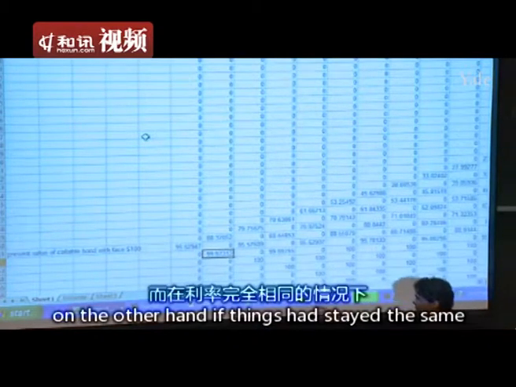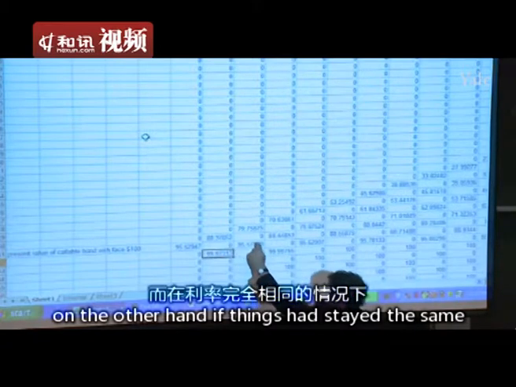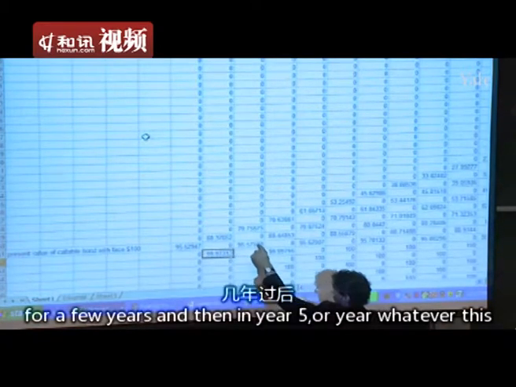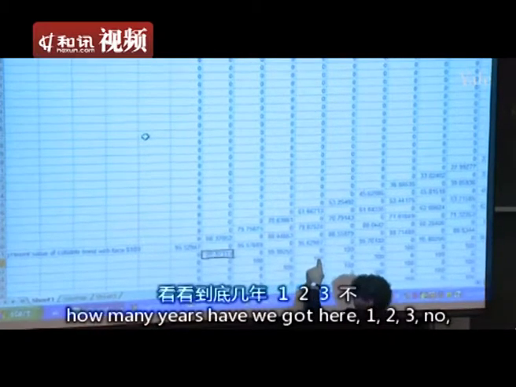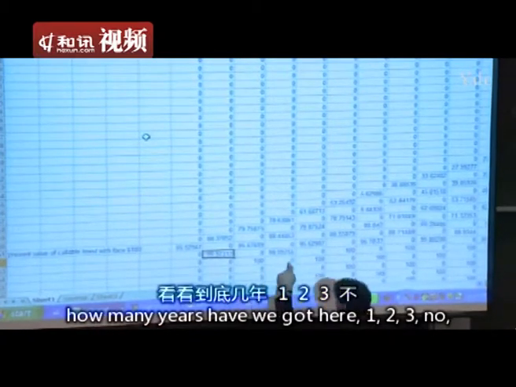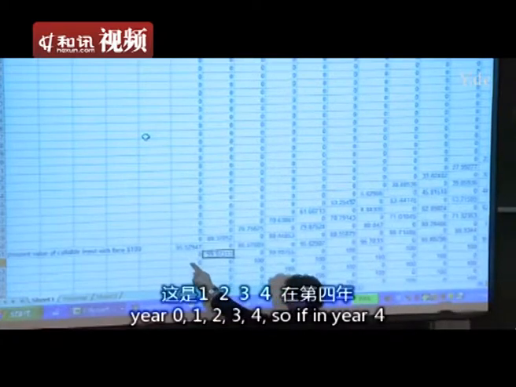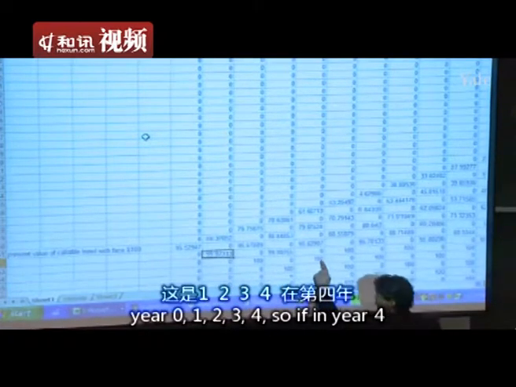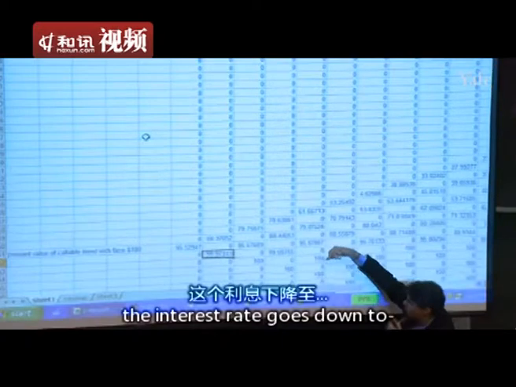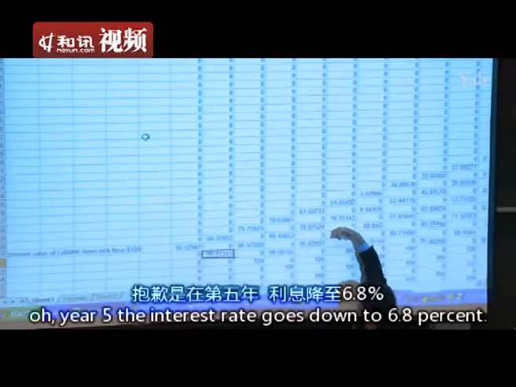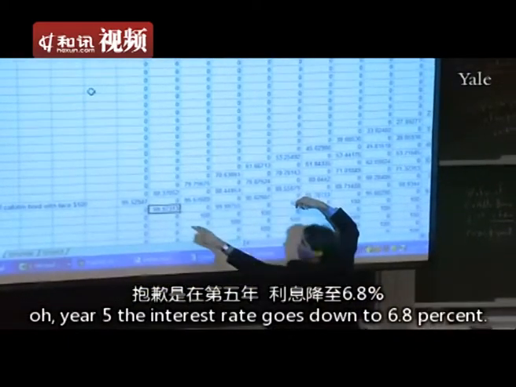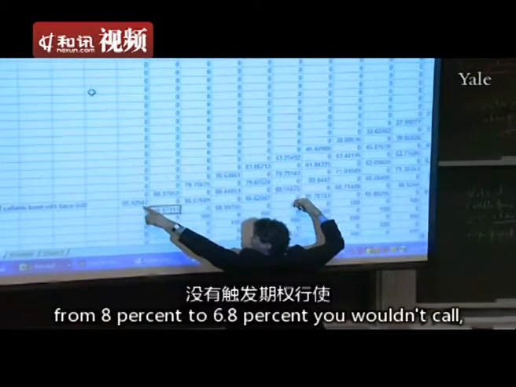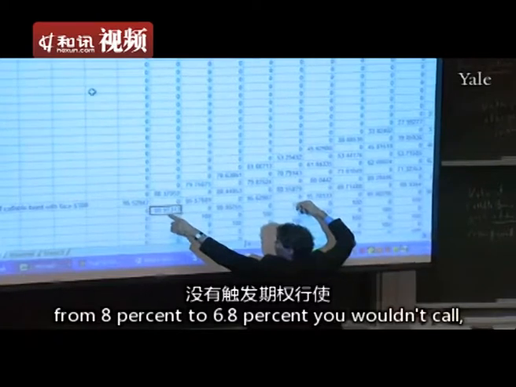On the other hand, if things stayed the same for a few years, and then in year 5, or year whatever this is, how many years have we got here? Year 0, 1, 2, 3, 4. So if in year 5 the interest rate goes down to 6.8%. In year 1, if the interest rate went down from 8% to 6.8%, you wouldn't call.